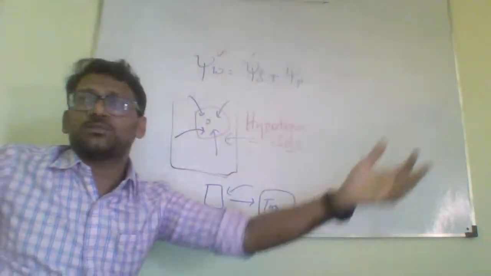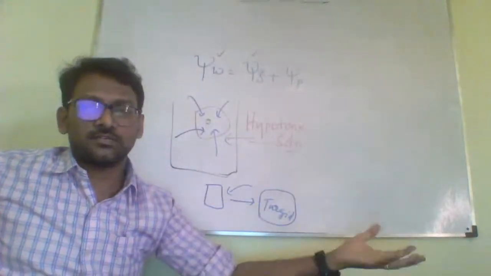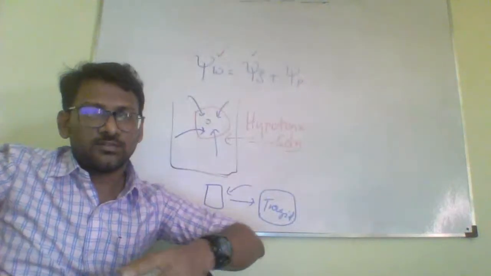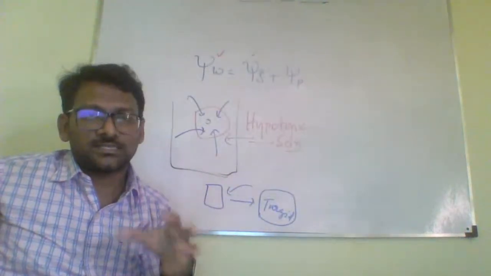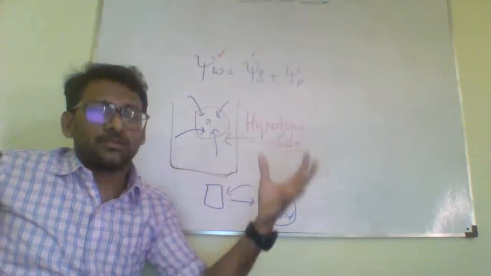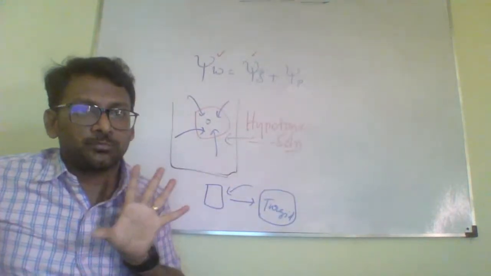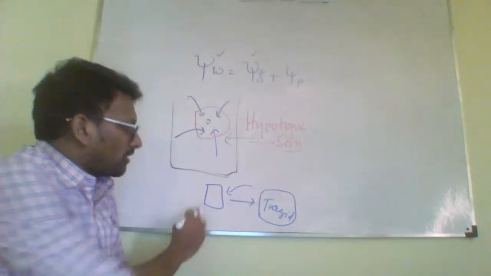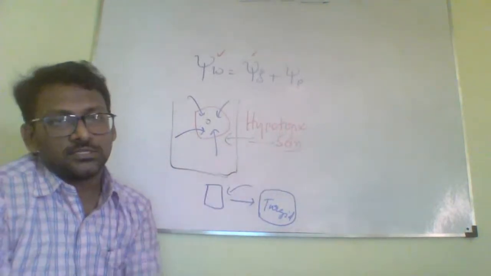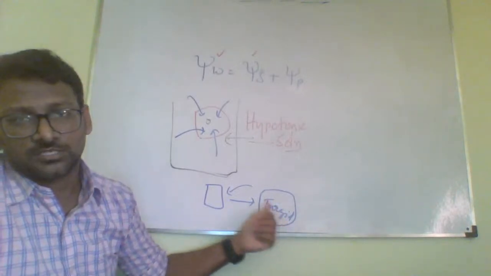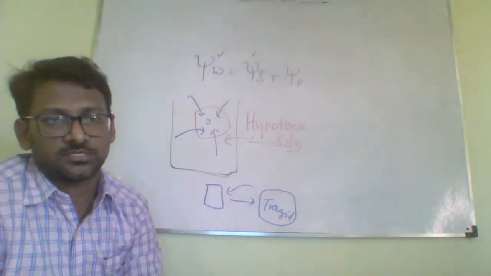For example, this is a room, right? Suddenly a tsunami came or some water is trying to pump inside. So what happens? Assume that this is made up of elastic walls. Then when the water is coming inside, it would push the walls and the wall shape would be changed. And the plant shape is actually maintained by this process, the turgid process.